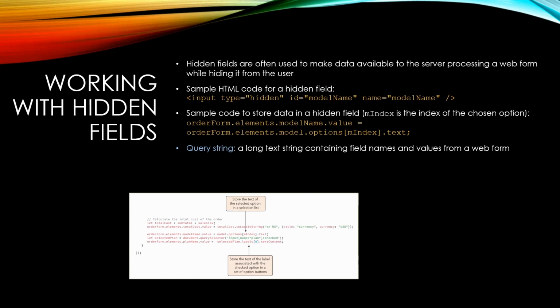A query string is something that we call a long text string containing field names and values from a web form. So here, again, let's take a look. We are going to store the text of the label associated with the checked option in a set of option buttons. So we're taking the text and we are giving it here. We've got the querySelector.